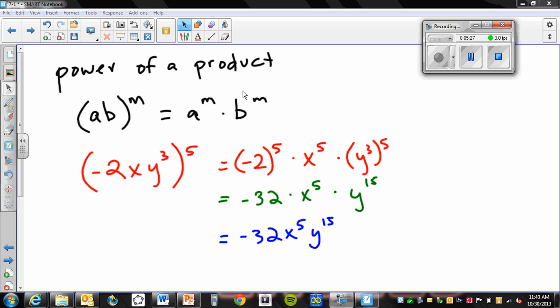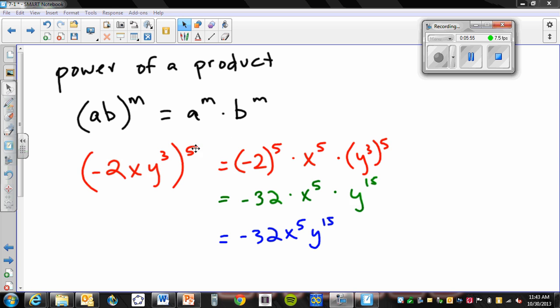Now we need to talk about power of a product. It's basically the same as distributing, but not quite. So we have ab, that quantity, to the m power. It's just a to the m power times b to the m power. So when we have negative 2xy cubed, that quantity to the 5th, we have negative 2 to the 5th, x to the 5th, and y cubed to the 5th.